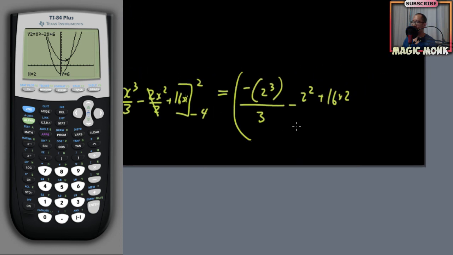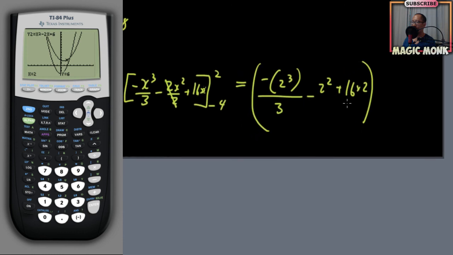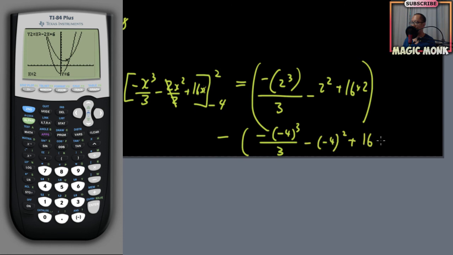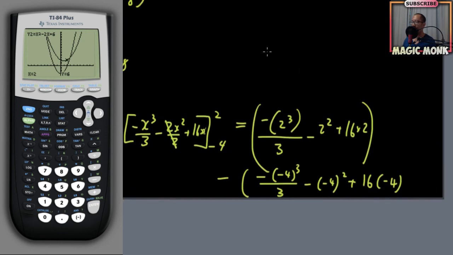Take away, and then you put negative 4 in there: minus negative 4 cubed over 3, minus negative 4 squared, plus 16 times negative 4. Okay, put all this into the calculator.